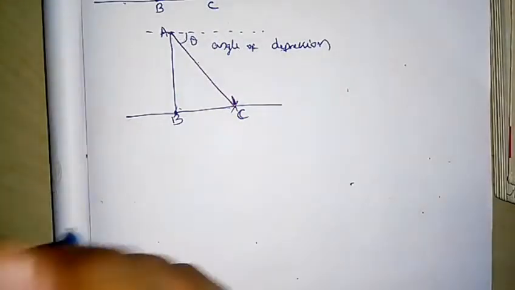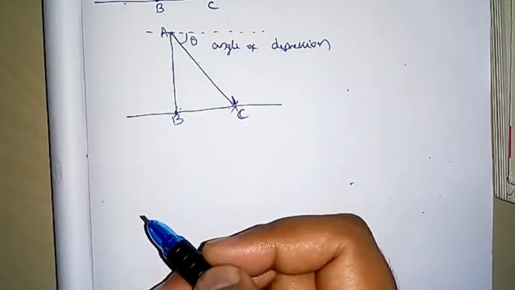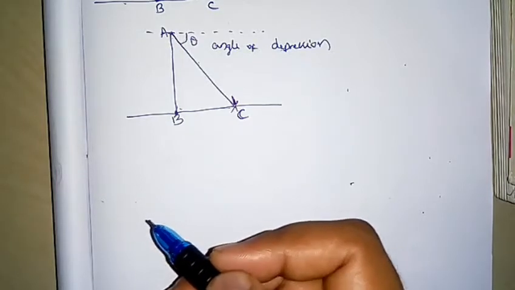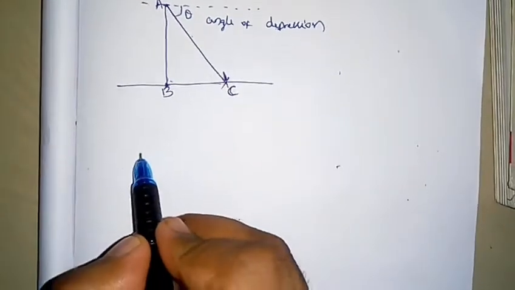Let's start with this: the top of a clock tower is observed at an angle of elevation alpha, and the foot of the tower is at a distance d meter from the observer. Draw the diagram for this data.